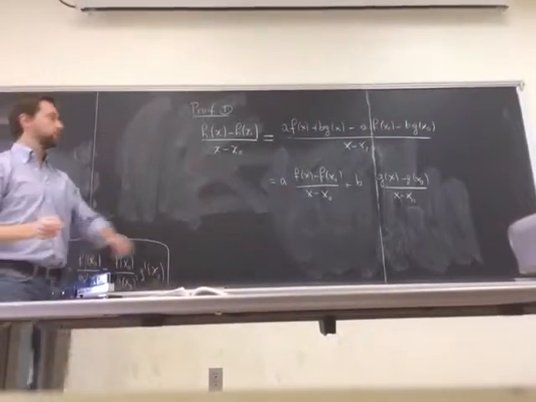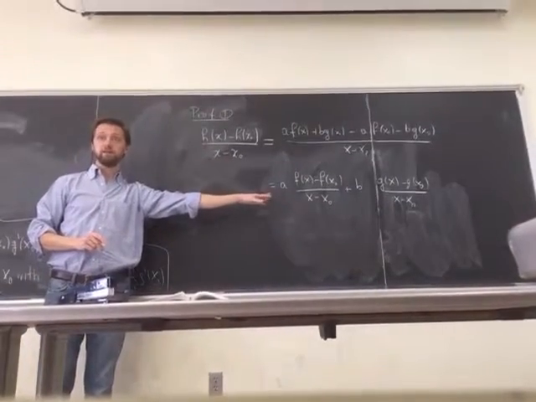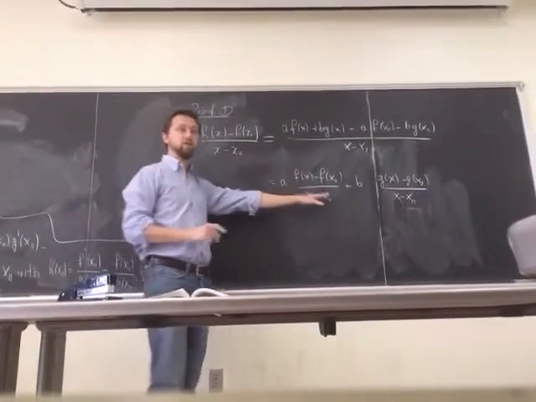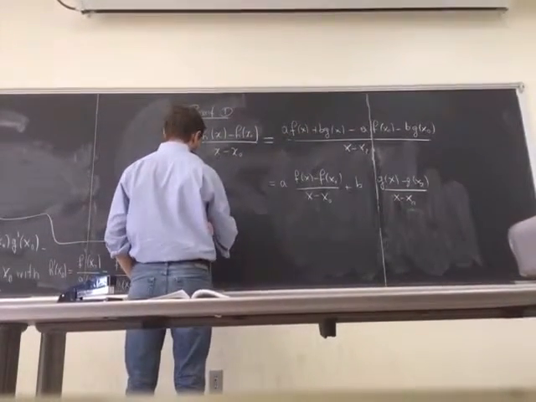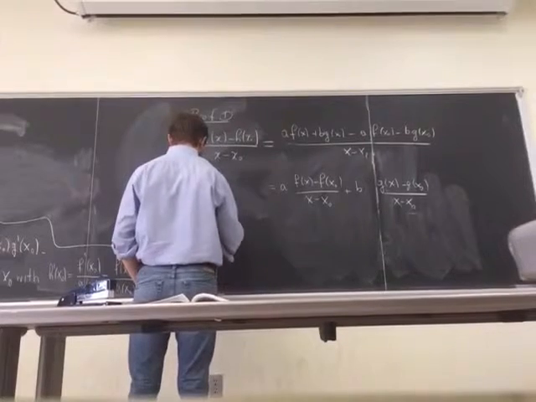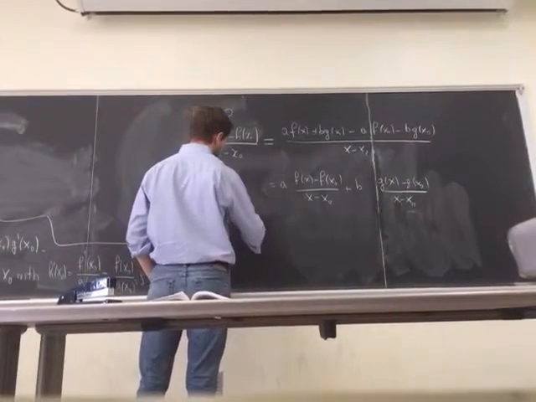So once I've written the incremental ratio of my h like that, I can send x to x naught, and compute the limit as x goes to x naught of the incremental ratio of h.